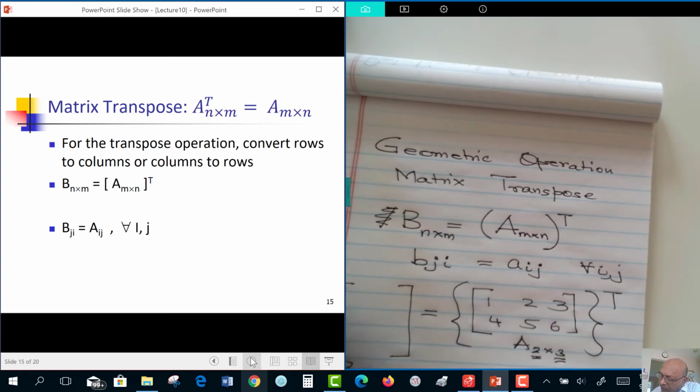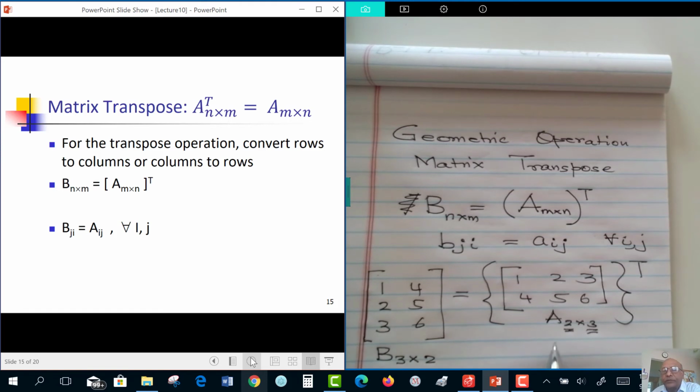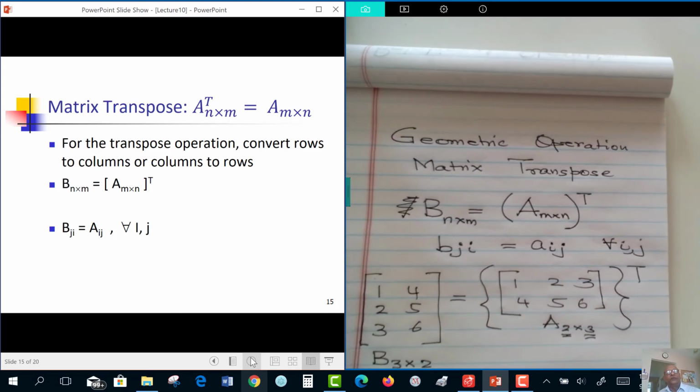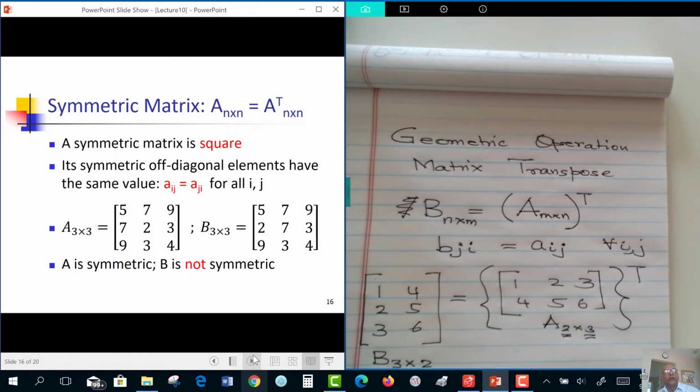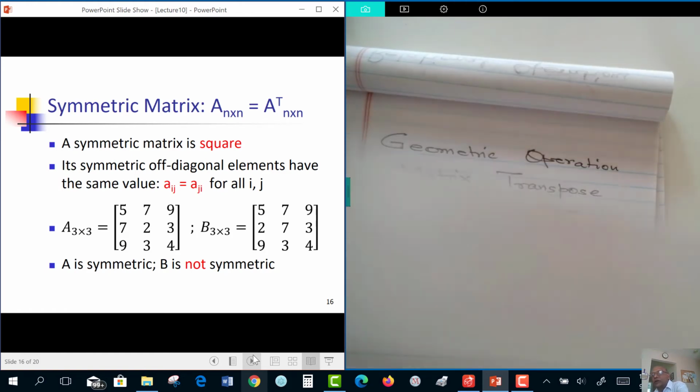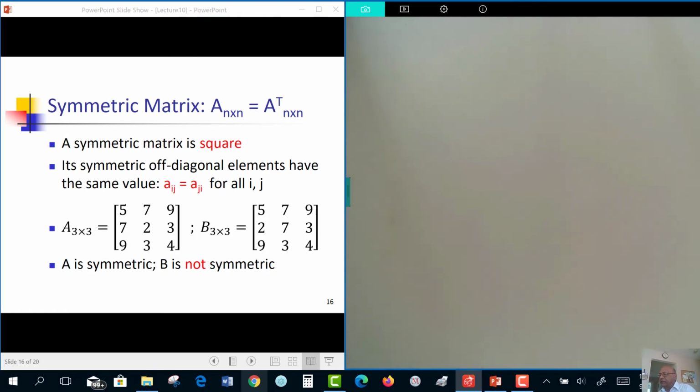So first row will become first column, second row will become second column. So you can see first column is first row, second column is second row, third column is third row. Based on this, we can talk about some properties about symmetry.